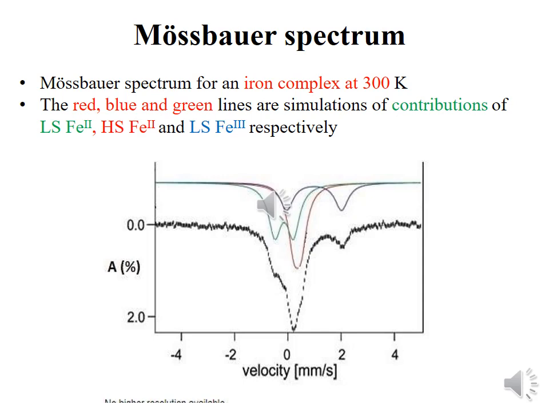The red lines in this graph show the properties of the low spin complex of iron 2, and the blue line shows the graph of the high spin complex of iron 2, and the green line in this graph shows the spin crossover phenomenon of iron 3 complexes.